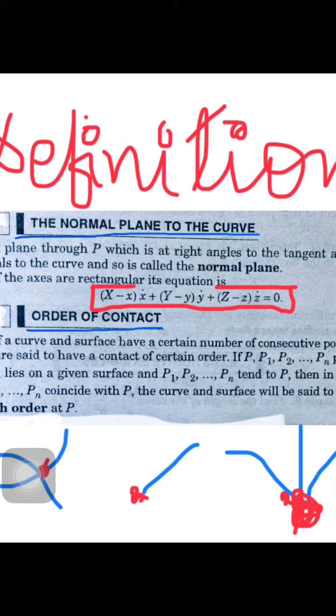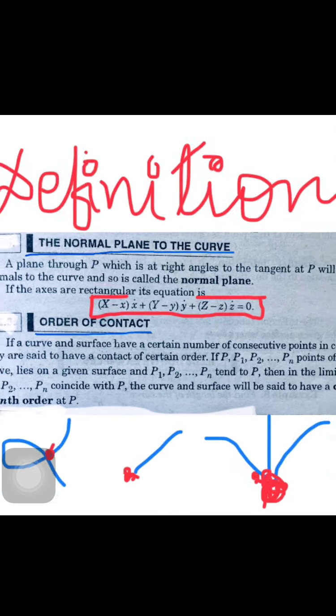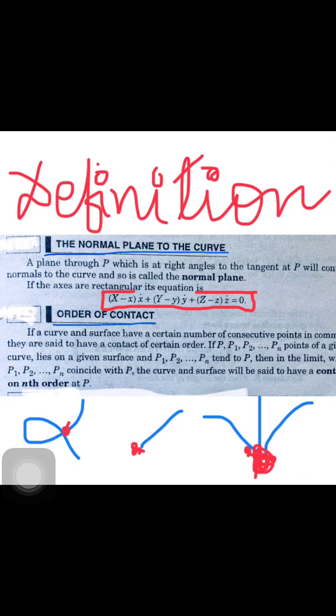The second definition we are using is order of contact. What is order of contact? If a curve, let's say r equals r(t), any curve, and a surface, so two things we are taking here, curve and surface.